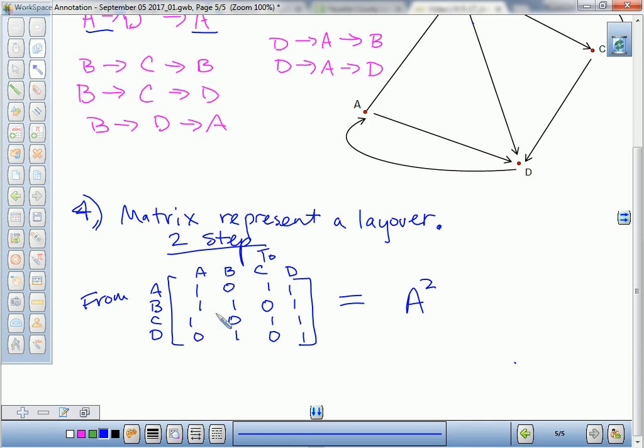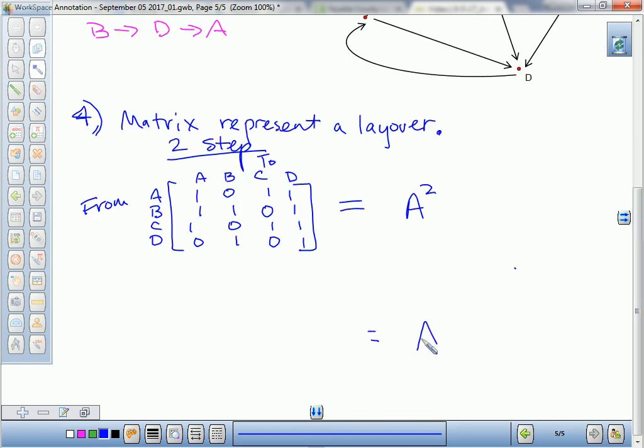So where's your 2? In which position? Row 1, column 2, so from A to B? Yes. What that means is, instead of there being just one way to go from A to B with two layovers, there are actually two different ways to go from A to B with two layovers.